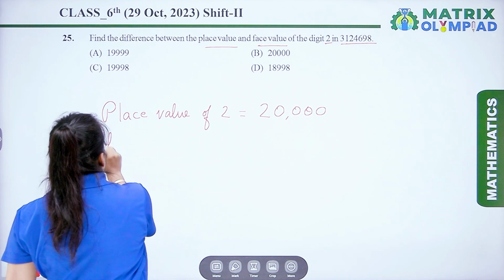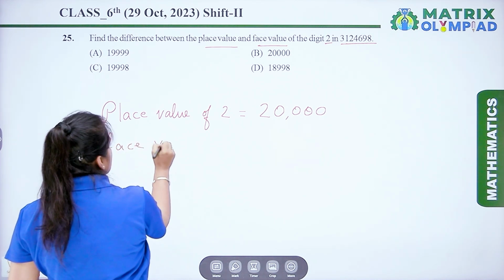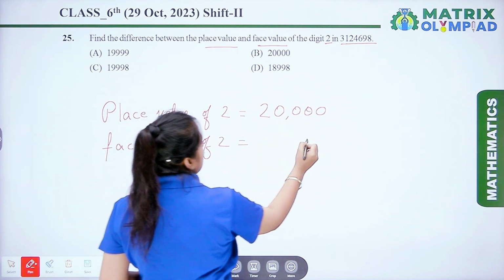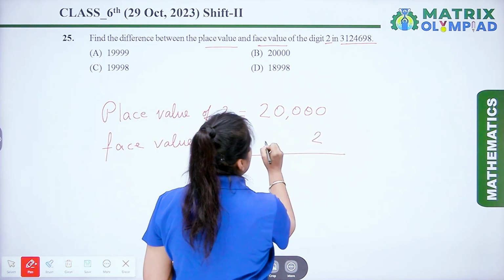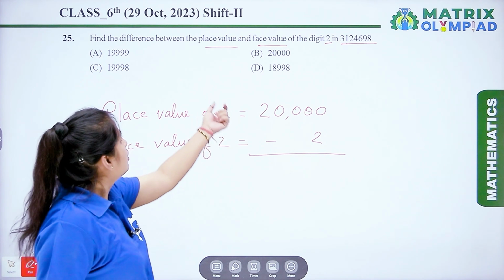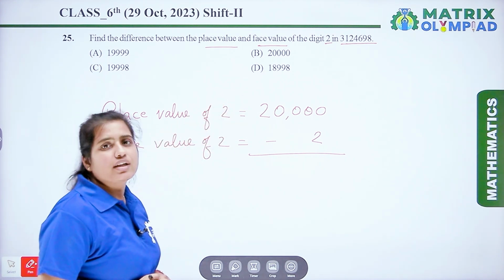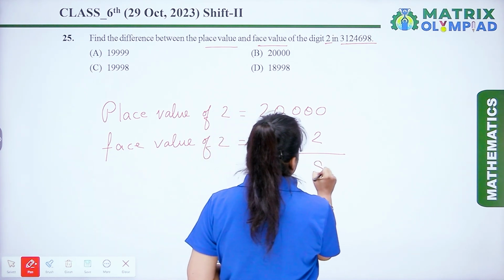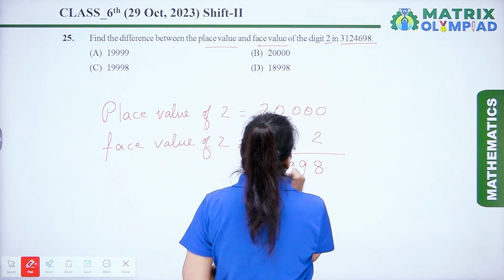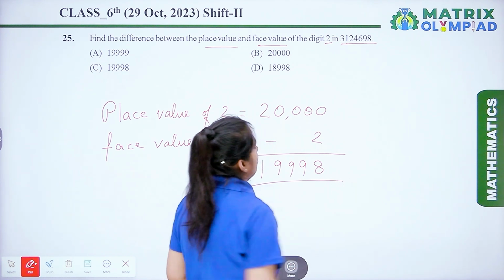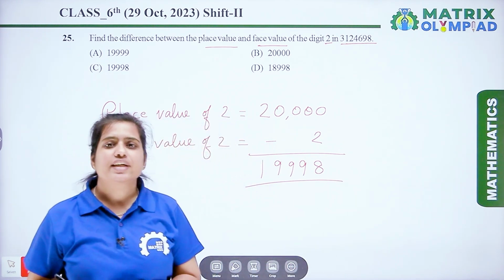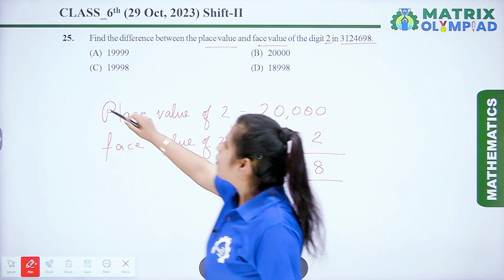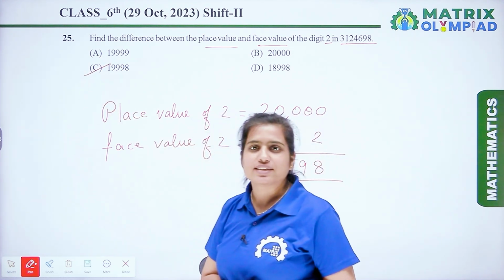Now the face value of 2 is 2. And now we have to subtract the face value from the place value. So the difference between these is 19,998. So according to the options, option C is the correct answer.